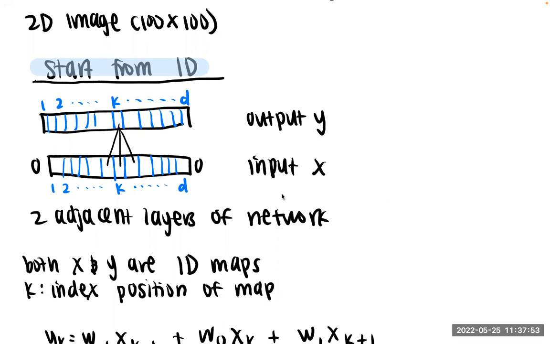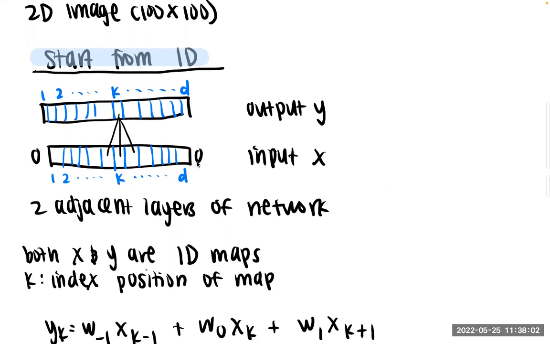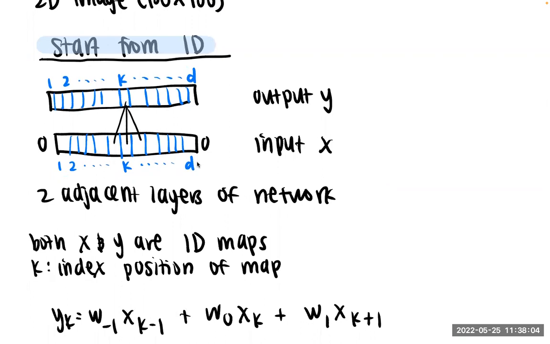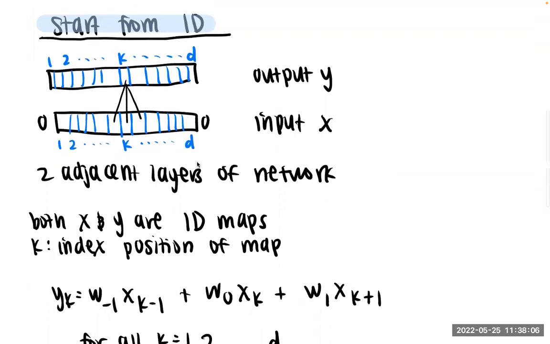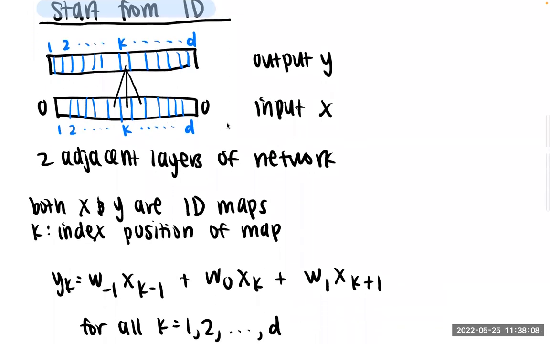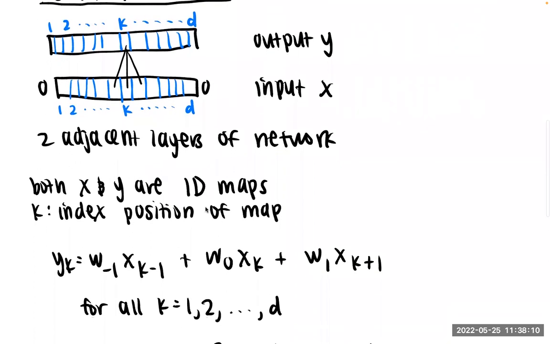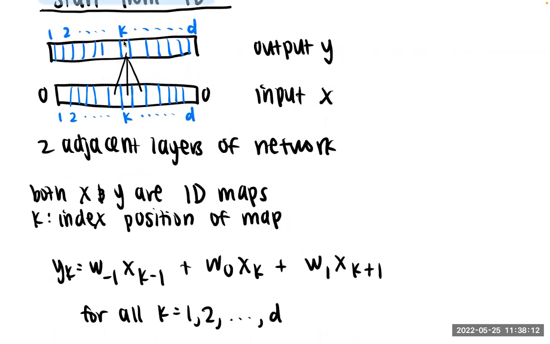But if we assume that the operations are translation invariant or shift invariant, then we can make the transformation simpler. Again, both x and y are one-dimensional maps, and we use d to denote the size, and k, which ranges from 1 to d, to denote the position of a pixel.